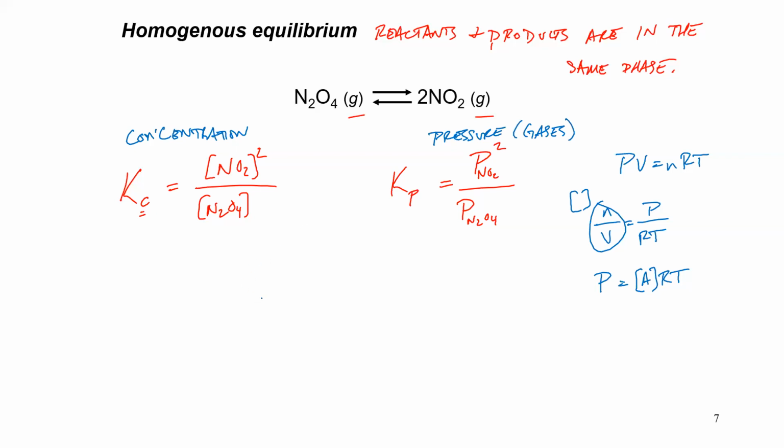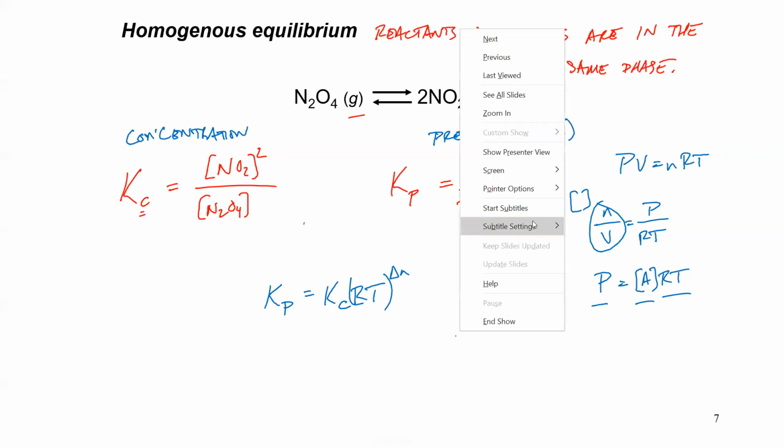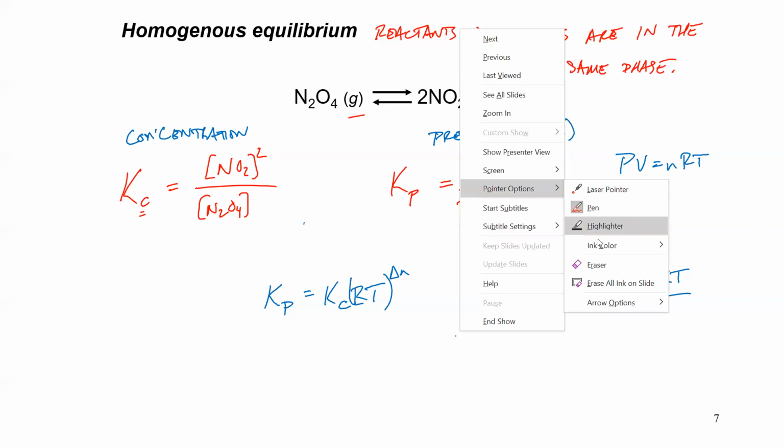And so Kp is equal to Kc times RT. That looks real familiar, right? We have pressure, we have concentration, we have that factor of RT. But I'm missing one piece. That RT is raised to the power of delta n, change in the number of moles, right?